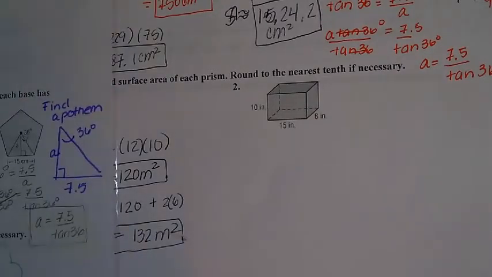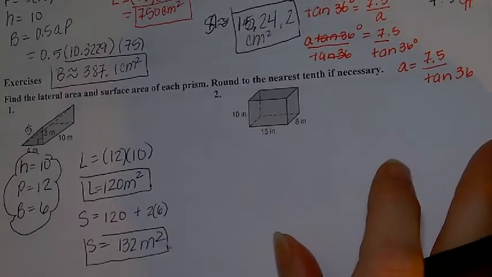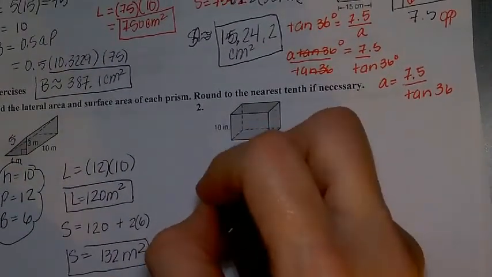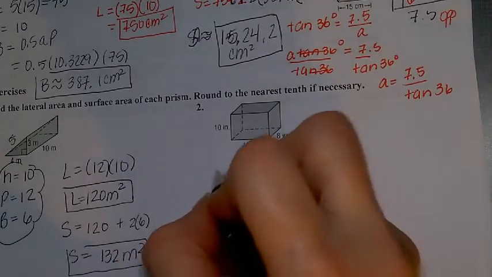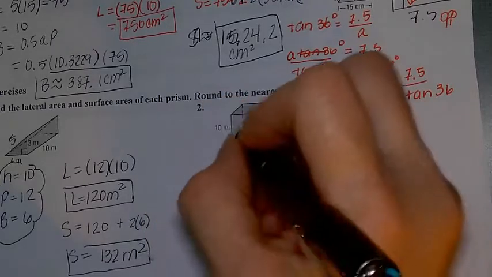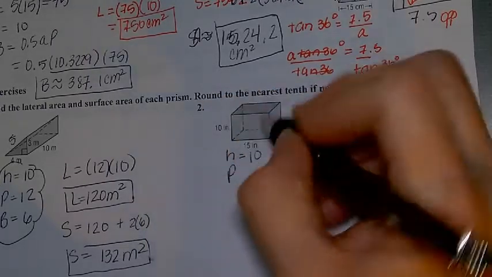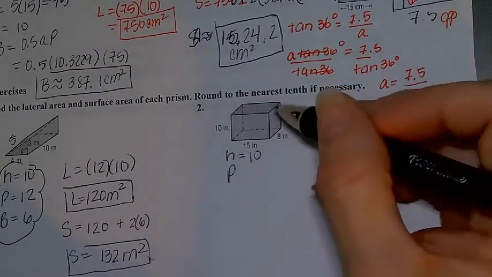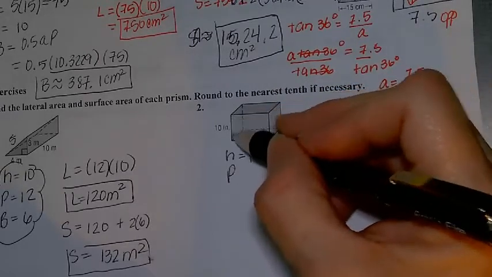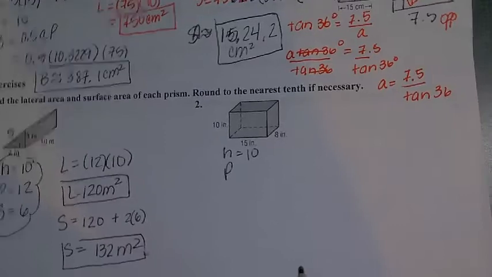All right, let's go to number 2. I'm going to identify the height, the perimeter of the base, and the area of the base. My height is 10. It really doesn't matter which face you pick as the base. You could have the sides, but I just use this as my height, and I use the area of the base, which is on the bottom.